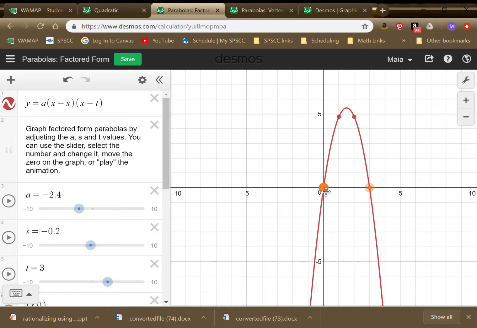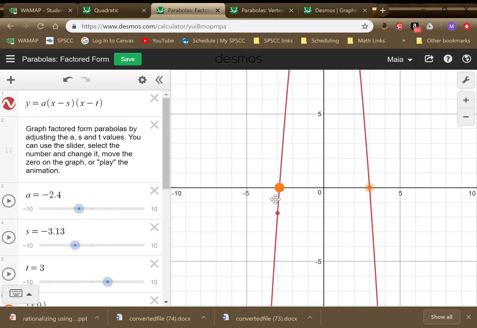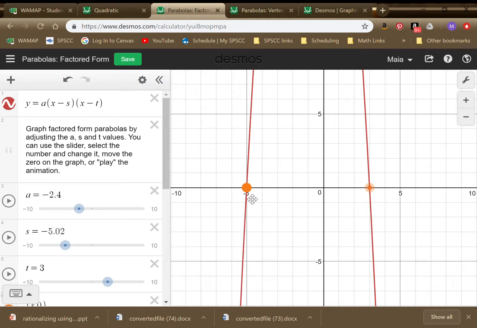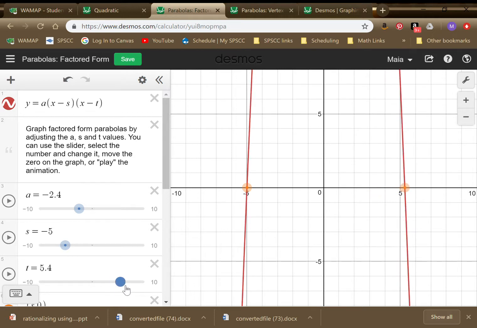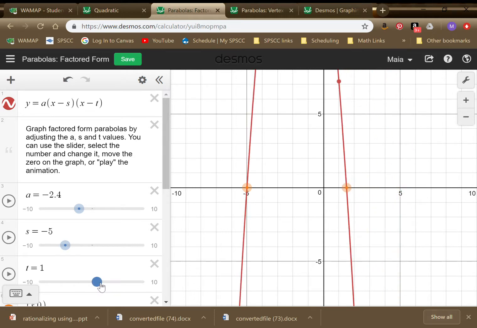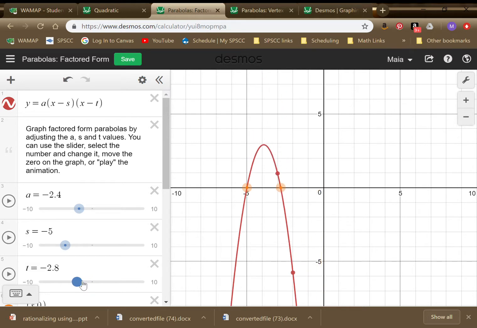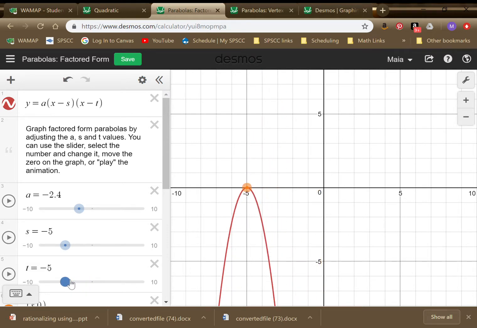Ooh, let's play around with this. If we move it over, see if I can make it quite right. Maybe not quite. Pretend it's at negative 5. There we go. When we cross at negative 5, s is negative 5. Similarly, t is moving the other x-intercept. So if we make t closer to negative 5, the intercepts get close together.